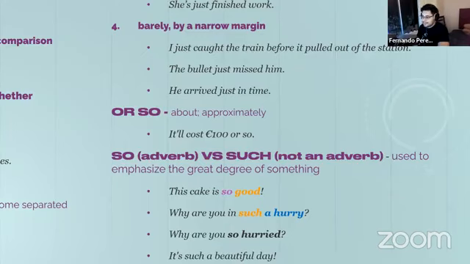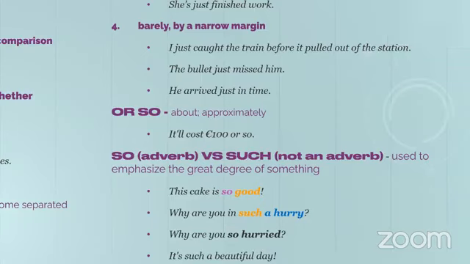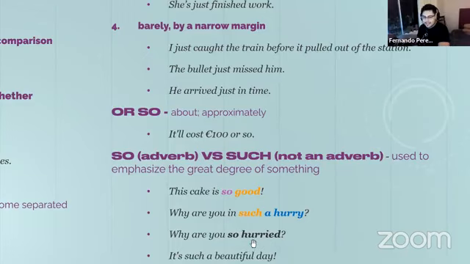Anyone? I don't know, teacher. I think that in the third example you are describing how a person is, maybe how they are feeling, or how he or she is doing.